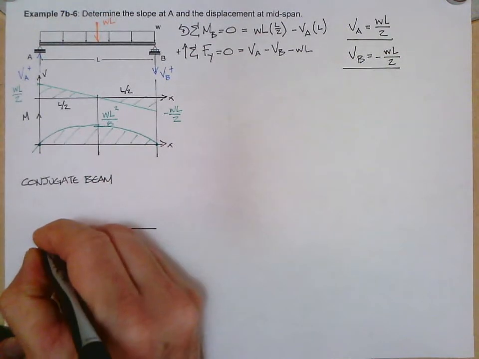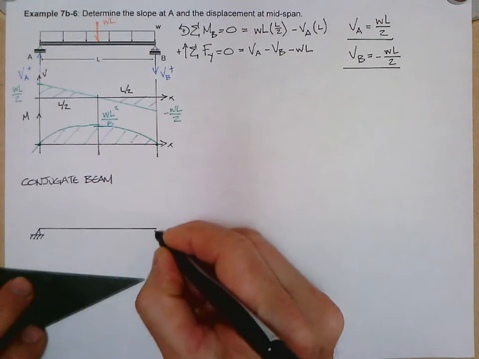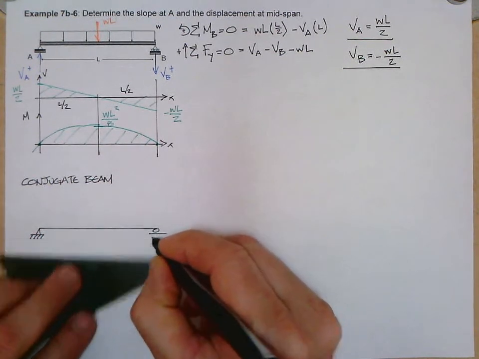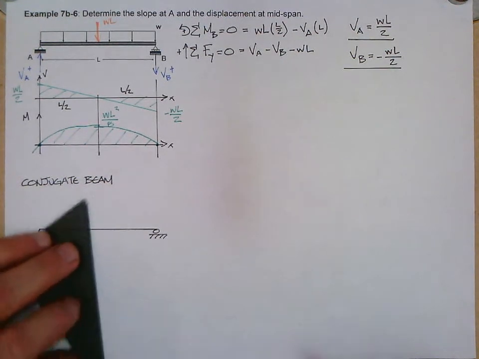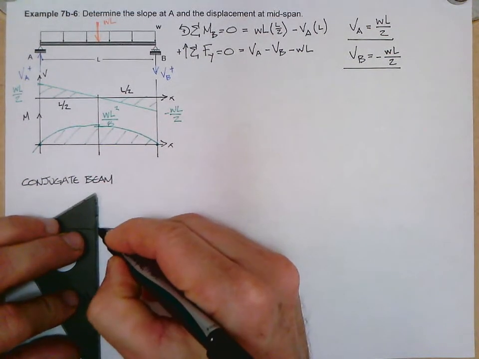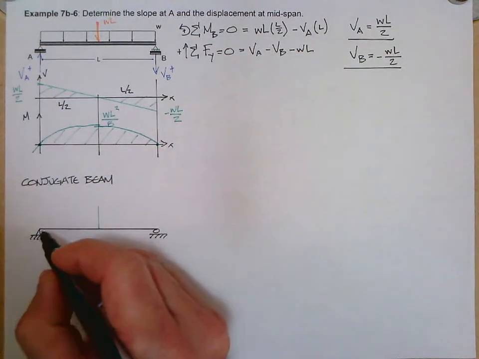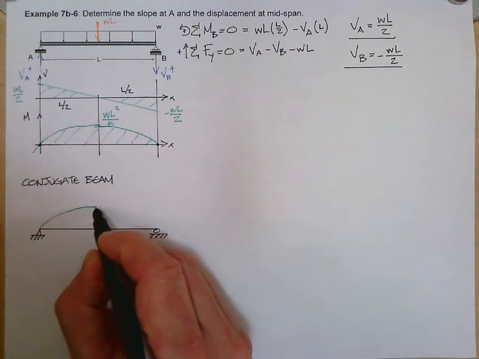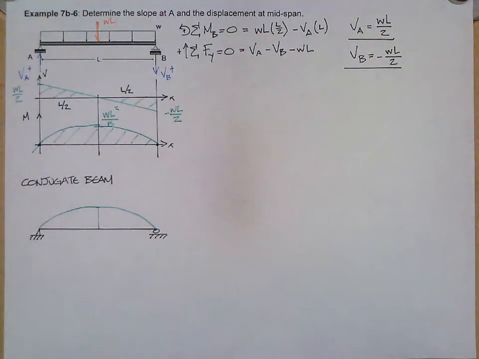So my pin will stay a pin, and my roller is still a roller. What's different in the conjugate space, though, is I'm adding this moment as my load. So just take this curve and apply it to the beam as load. So there it is.